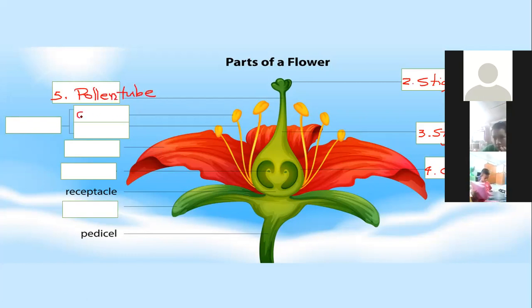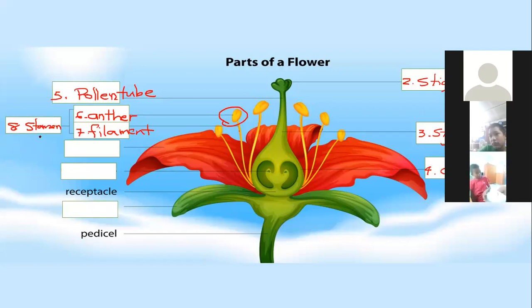How about number 6? Anther. Very good. Okay, anther. How about number 7? Filament. Okay, filament. What is number 8? Stamen. Very good.